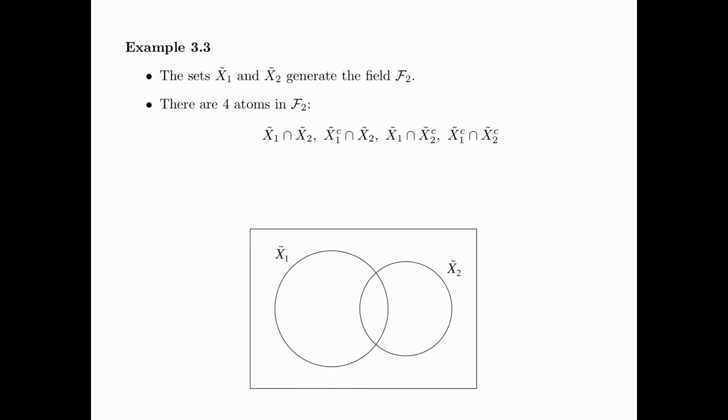There are 4 atoms in F2: X1 tilde intersect X2 tilde, X1 tilde complement intersect X2 tilde, X1 tilde intersect X2 tilde complement, and X1 tilde complement intersect X2 tilde complement. There are a total of 2 to the power 4 equals 16 sets in F2 formed by the unions of the above 4 atoms.